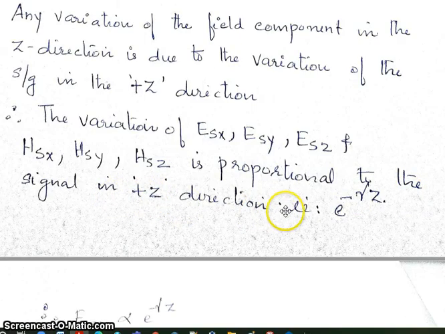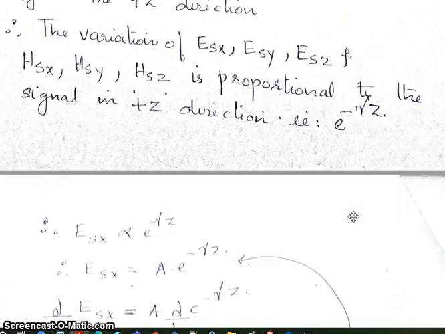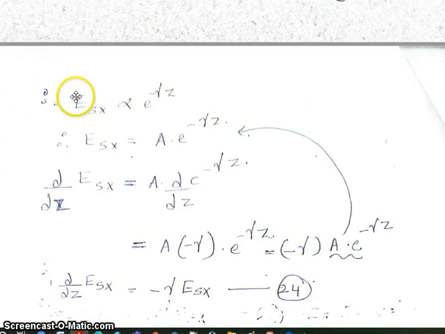I earlier told that the electromagnetic wave is transmitting in the positive z axis. So I can say these components are proportional to exponential of minus gamma z. Making use of that condition, I can write Esx is directly proportional to exponential of minus gamma z, so that is equal to a constant A into exponential of minus gamma z.